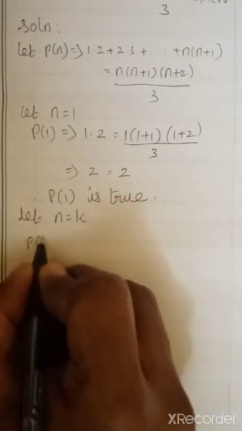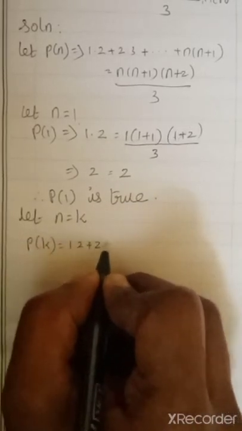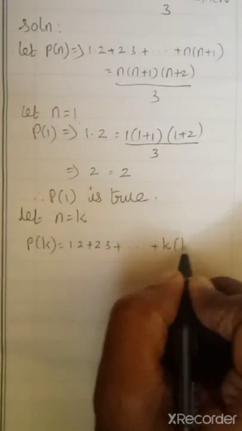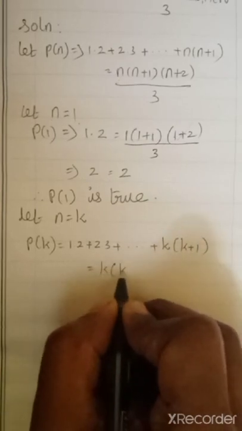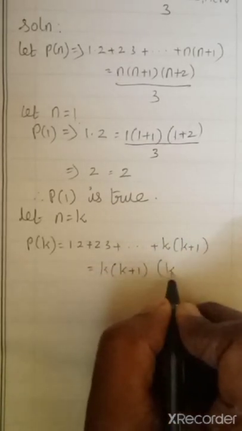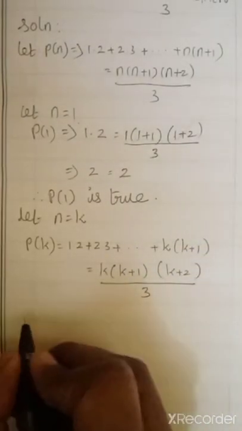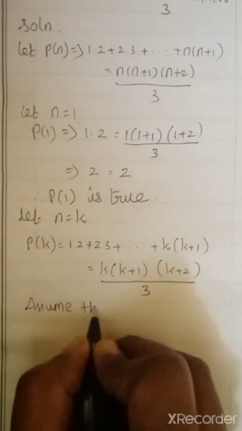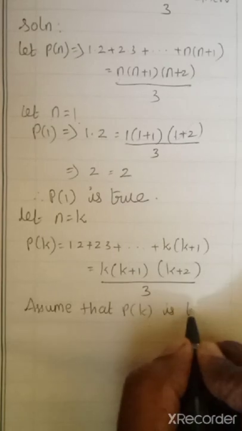So P of k equal to 1.2, 2.3 and so on, up to k into k plus 1, which is equal to k plus 1, k plus 2 divided by 3. And what do we have to write? Assume that P of k is true.